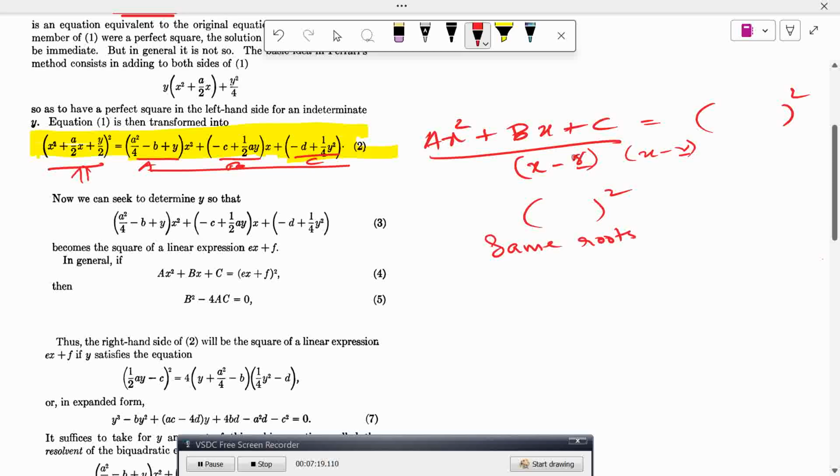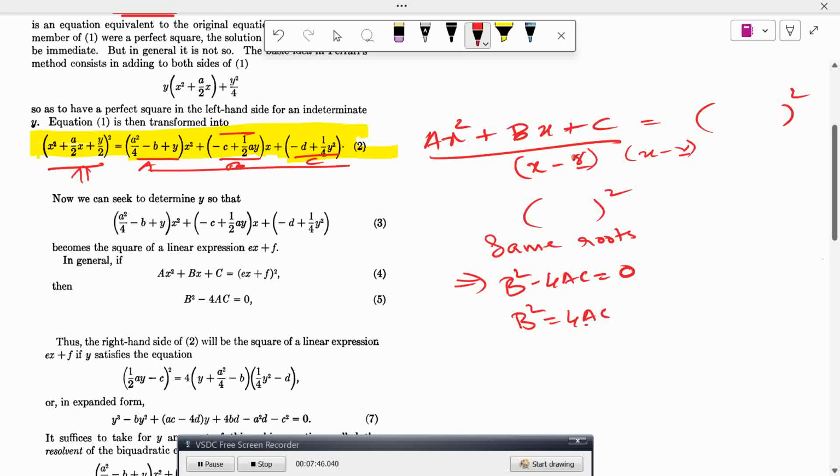Just pause the video and think. Okay, very good. We will have equal roots when b square minus 4ac is equal to 0, that is, discriminant equal to 0. So from here we will have b square is equal to 4ac. You know what b square is, this is the b, so square that.